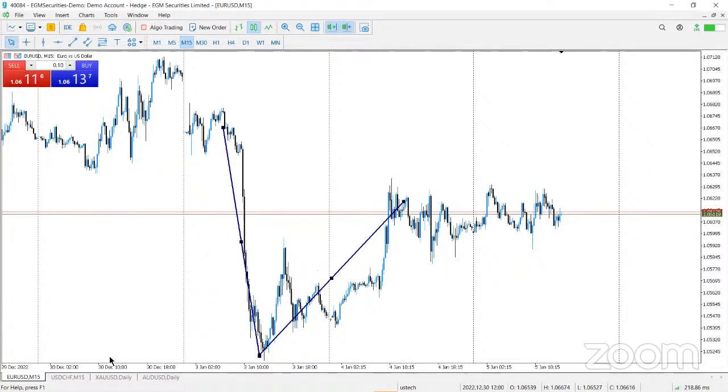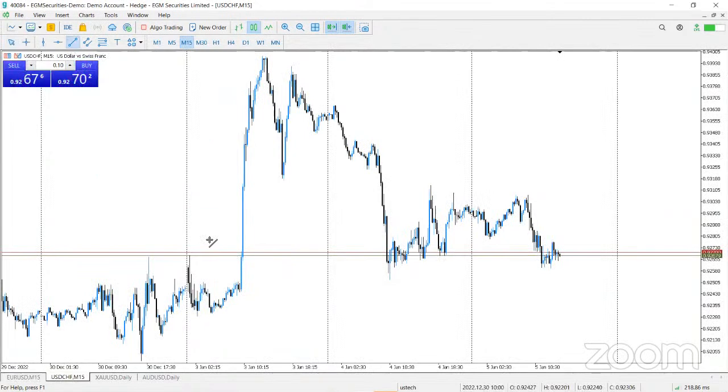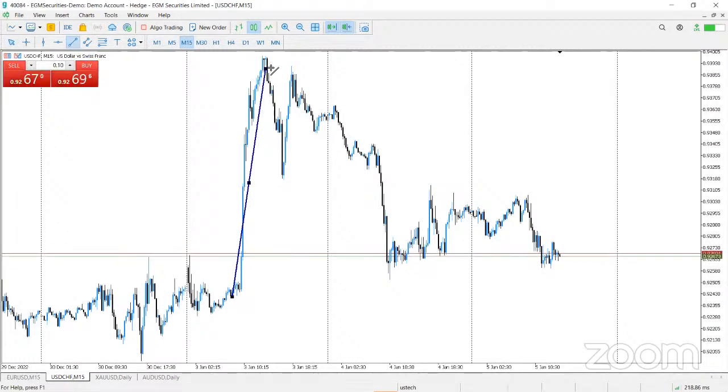Let's look at USD/CHF. For USD/Swiss, at the same time, the market went up and then began to drop like that.